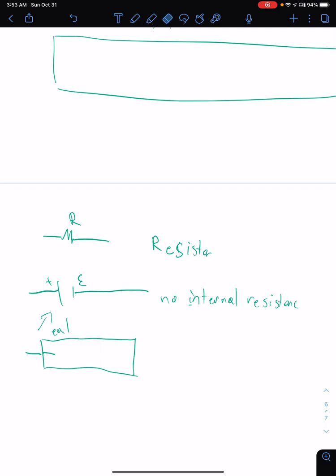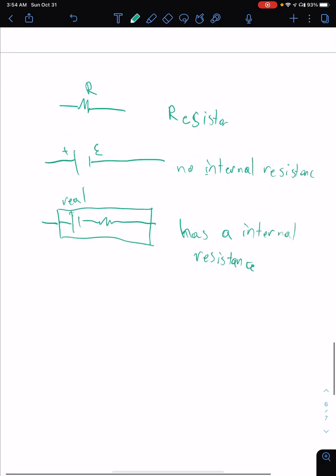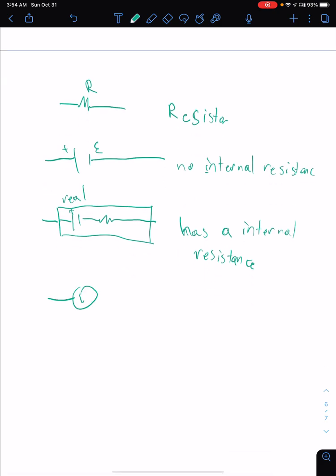But what I'm drawing right now is a real battery, plus, and then a resistance. This is how a real battery would look, one that actually does things. So this would be a real battery, with an internal resistance, and then our voltmeter, and then our ammeter.